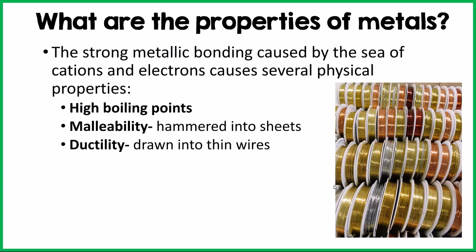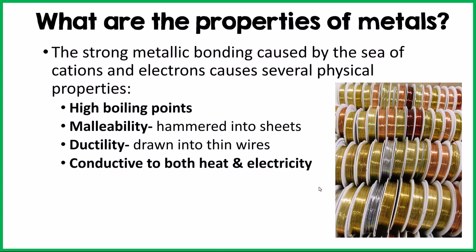Ductility is the ability to be drawn into thin wires, again, because they're able to slide past each other. And as we mentioned, they are conductive to both heat and electricity because of that freely floating sea of electrons that can transmit electricity.